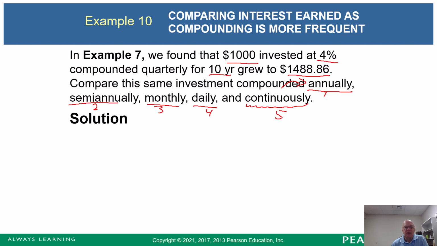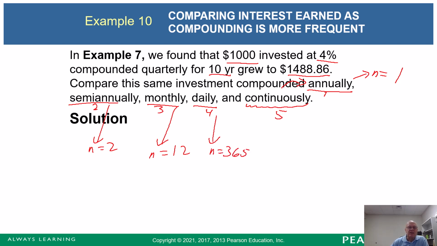Now, I put some numbers in here, unfortunately, but remember, for this one, the n you're going to use in your formula is 1 because you compound it once a year. This one will be n equals 2. Monthly will be n equals 12. Daily will be n equals 365.